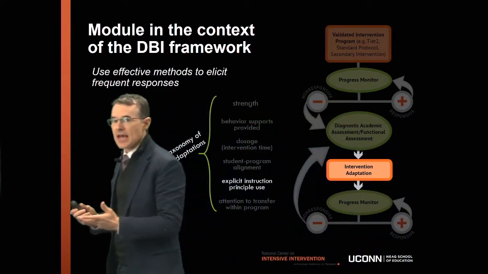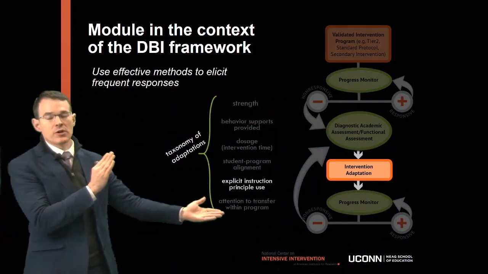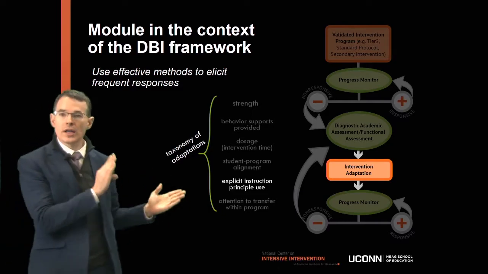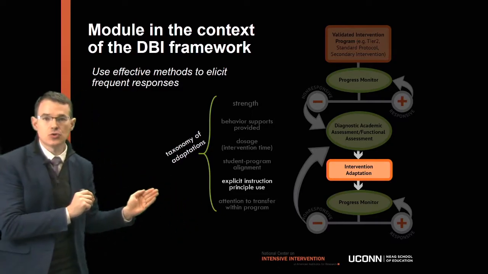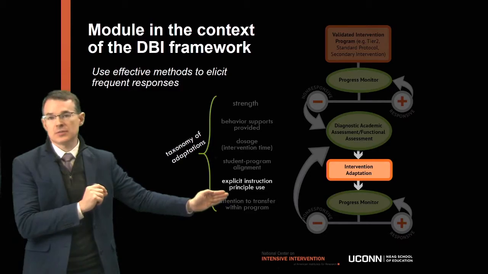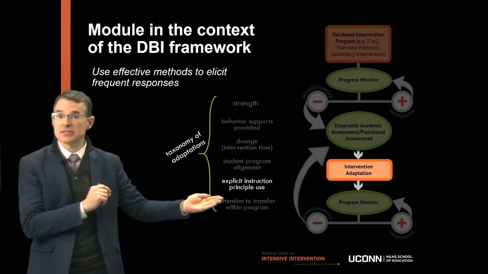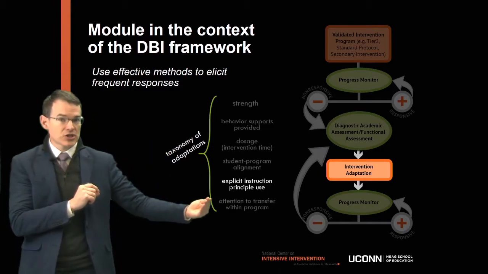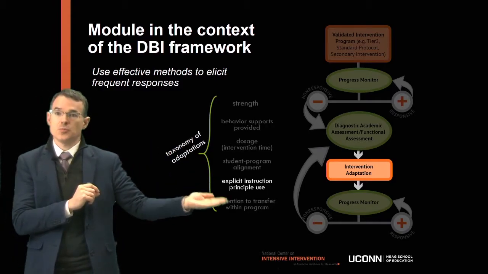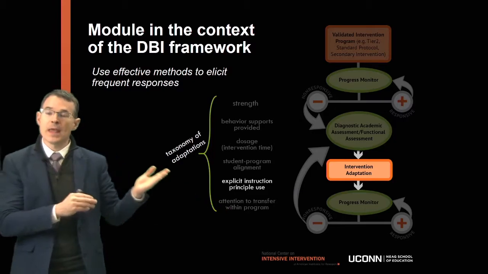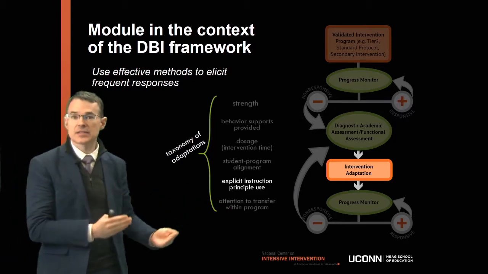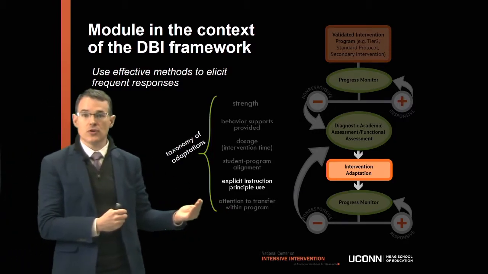And when we make an adaptation, we look at the taxonomy here of the different options that we have. And as we've already said, when we first introduced the taxonomy, one important element of the taxonomy is to increase the use of explicit instruction principles. Because sometimes one of the challenges is in lessons that explicit instruction hasn't been used adequately to support students in mastering the content. And so we might select in that case that as a way to improve instruction.